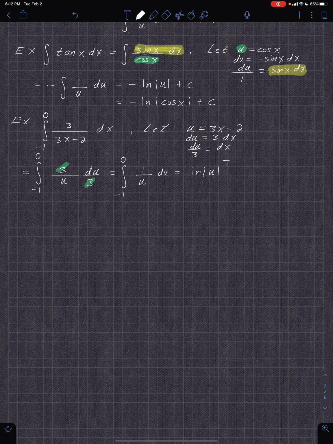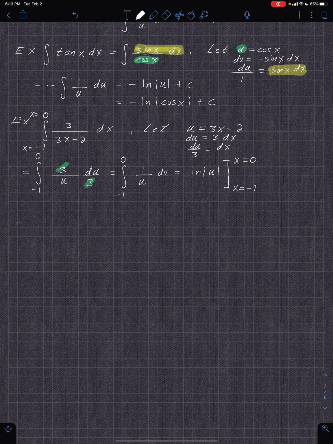And then you're going to evaluate that from x equals -1 to x equals 0. So since it's x originally, right, back here, way back here, this is x. So you can put in your x equals and x equals. So I'm going to put the u back, is what I like to do.